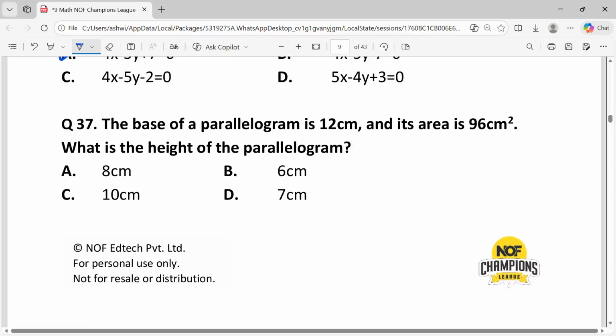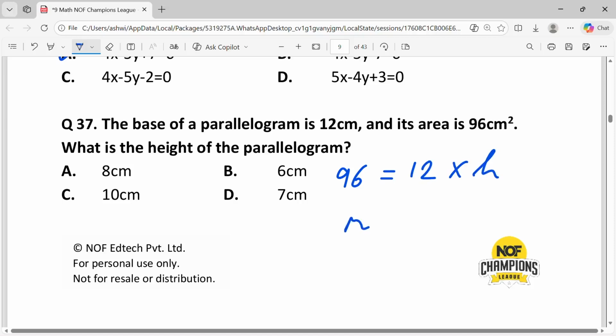Question 37. The base of a parallelogram is 12 cm and its area is 96 cm². What is the height of the parallelogram? Area of a parallelogram is equal to base into height. Substituting the given values to solve for height, that is area 96 is equal to base 12 into height h.